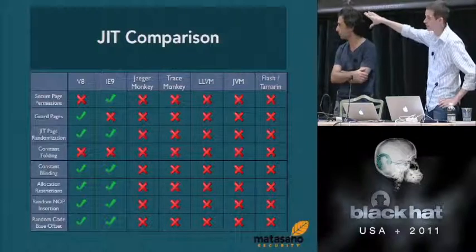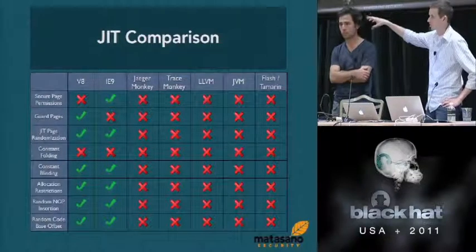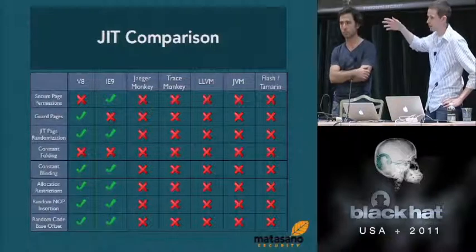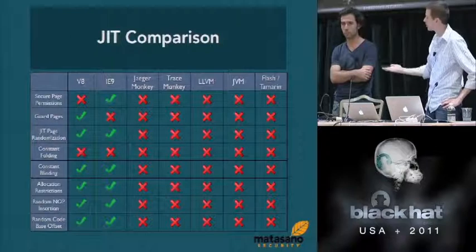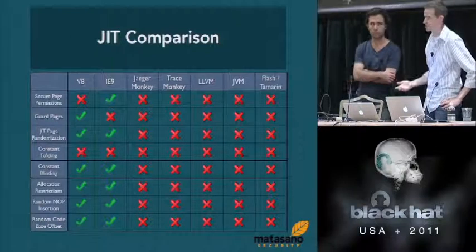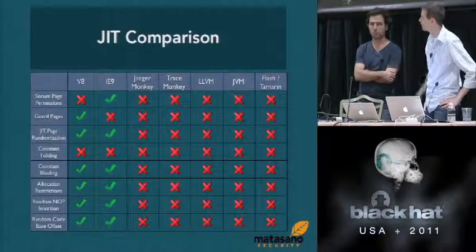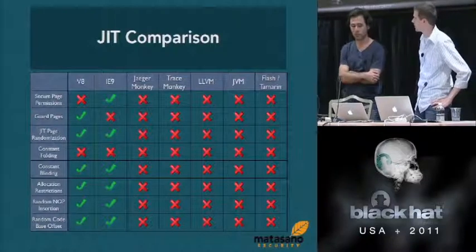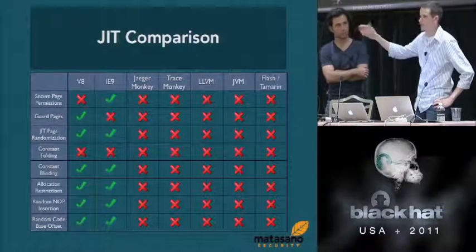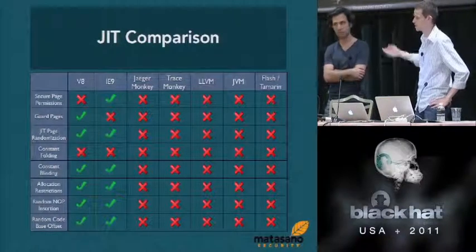They don't make sense for IE9 because IE9 produces JIT pages marked as readable and executable only, and that's a byproduct of their JIT design. It wasn't a JIT we really did a deep dive on, so I can't tell you too many more details than that. Hopefully we'll get to that post BlackHat. But yeah, even though we have an X there, they don't actually need guard pages because their pages aren't writable.